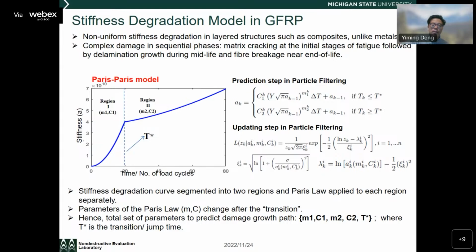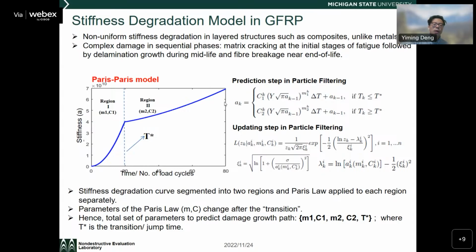The reason is that the damage growth, in this case the delamination growth over time, is not going to be described by just one set of parameters. It's going to grow much faster in region number 1. Then you're going to have a transition point associated with a transition energy there. Then it grows much slower after that.